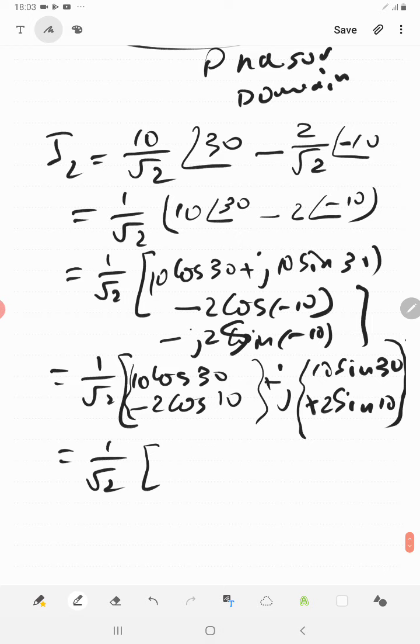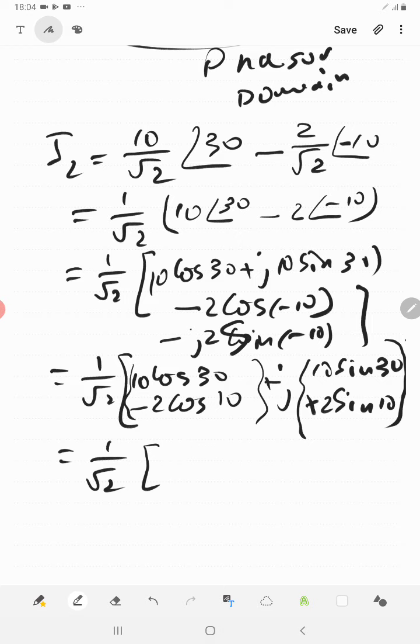Let's do it. Let's say that I1 is equal to 10 angle 30 degrees.